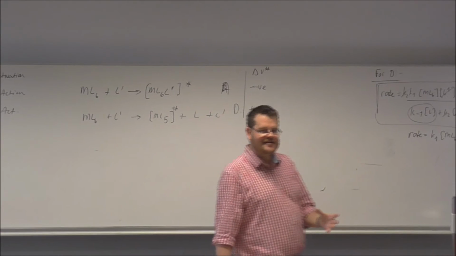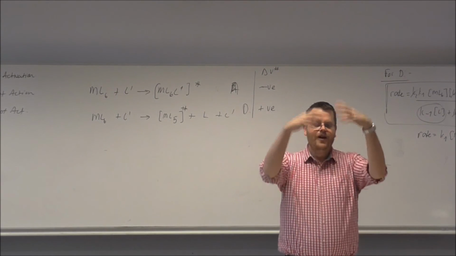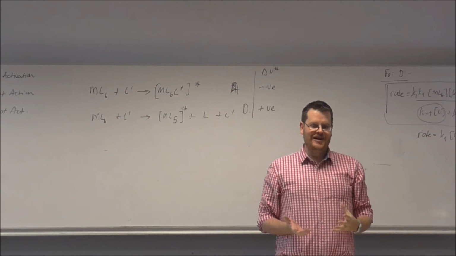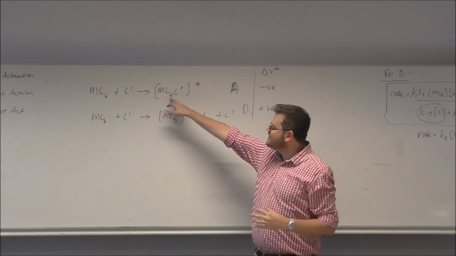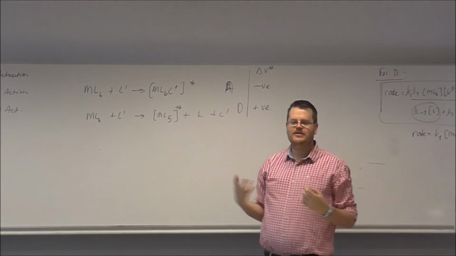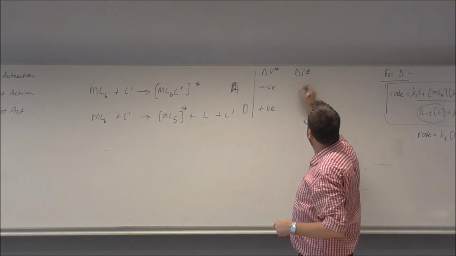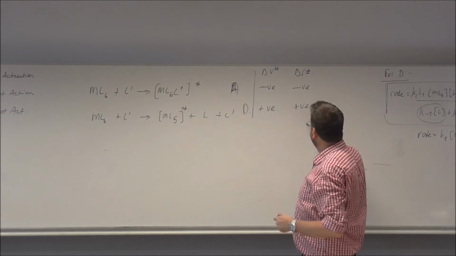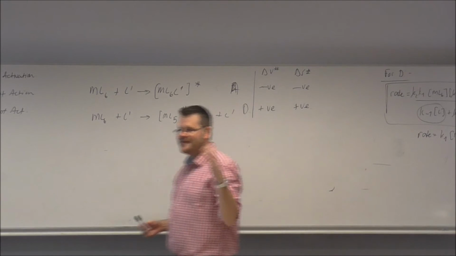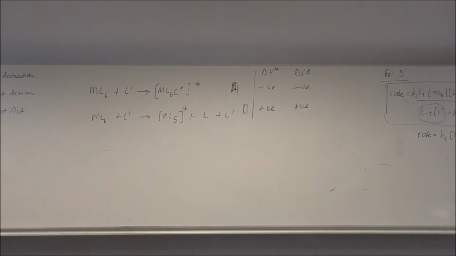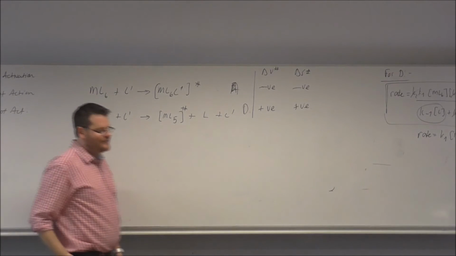Because if you put things together, the amount of disorder decreases, right? So that's what we're doing here. We're putting stuff together, so the amount of disorder is going to decrease. Exactly. And following the same line of reasoning, the D mechanism will be positive.